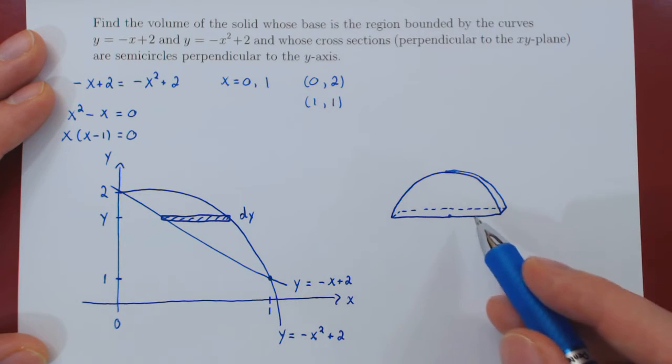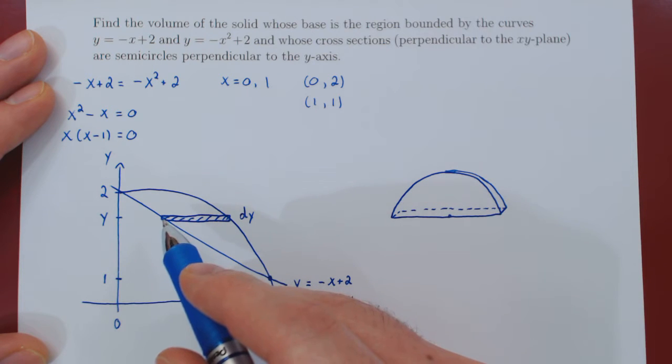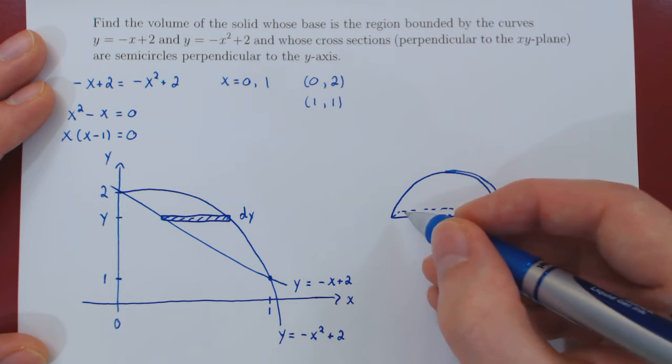And of course the base of our little semicircle is our infinitesimal rectangle.